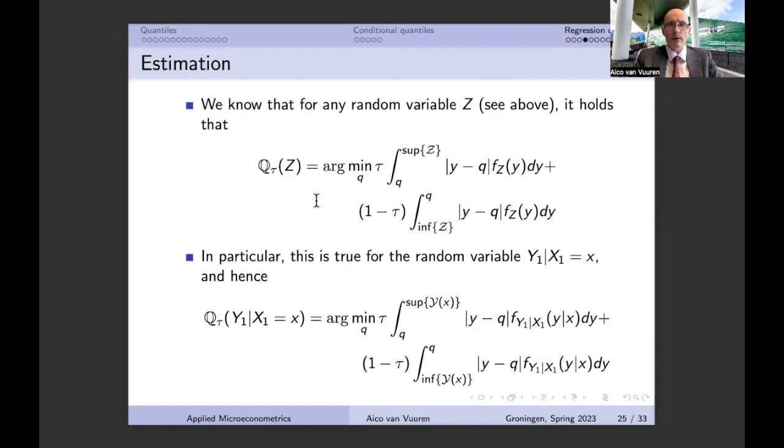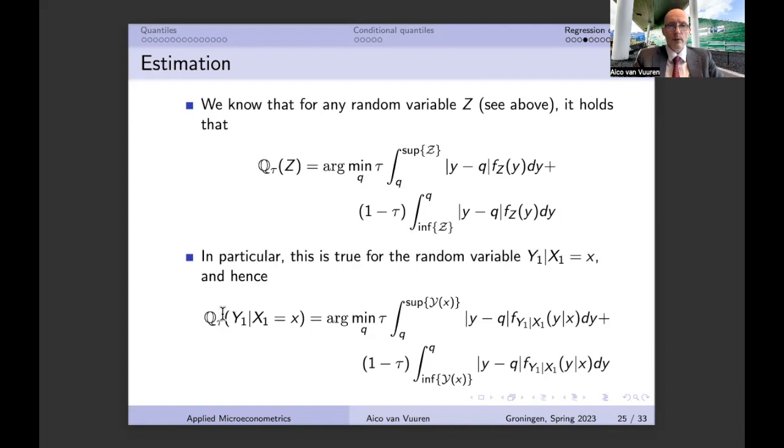Remember that we said that for any kind of random variable, the quantiles can be represented by the argument that is going to minimize this thing that we have over here. That is something that I already said before, and this holds true for any random variable, including, of course, a conditional random variable like y1 conditional on x1 equal to x.